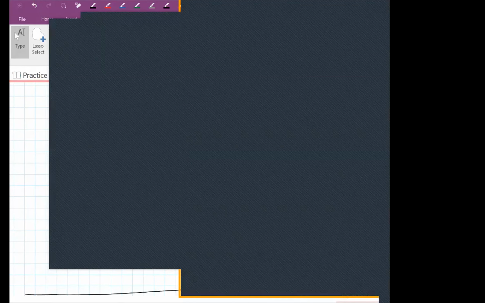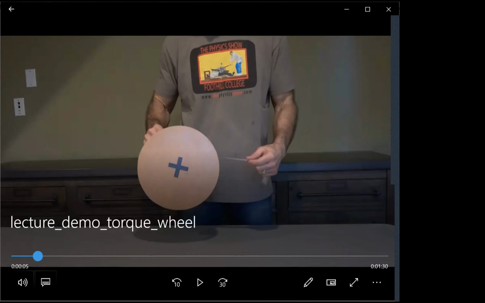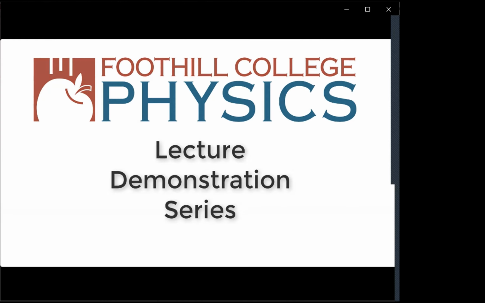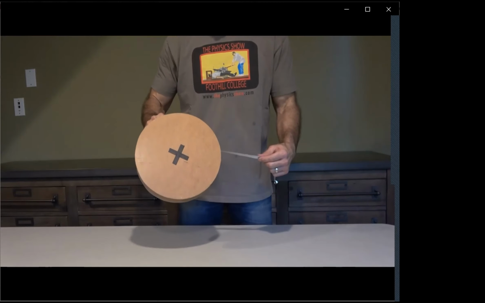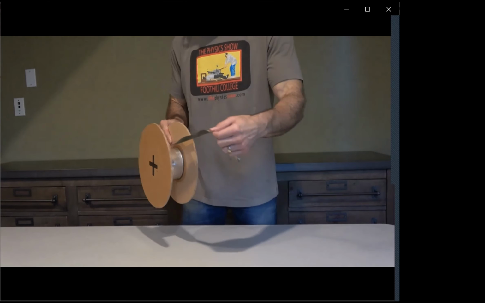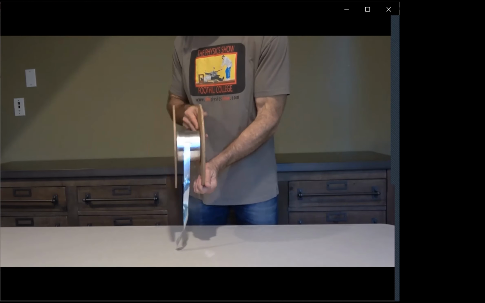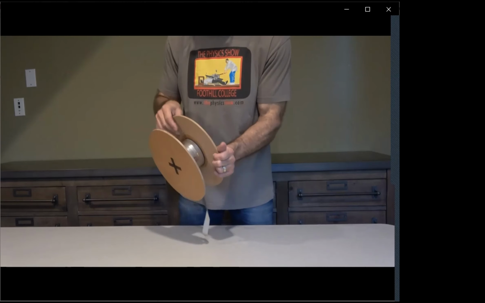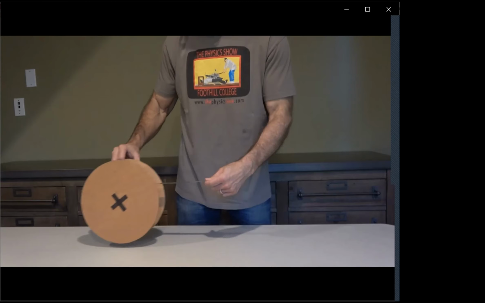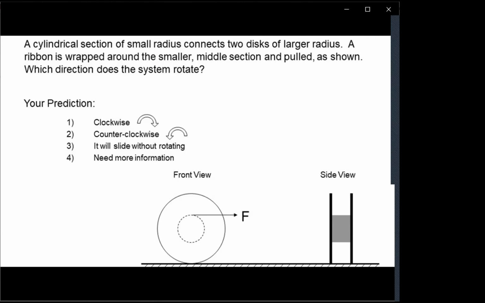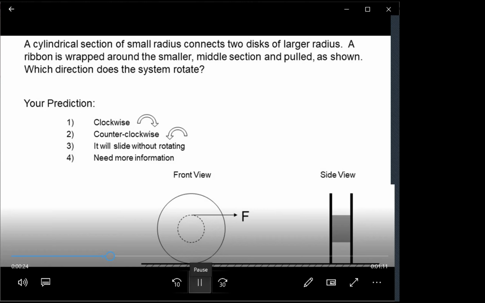Here I have a spool, or a wheel, with a ribbon wrapped around the axle. I'm going to orient it with the ribbon coming off the top of the axle, and I'm going to pull it like this. Pause the video and predict what's going to happen.